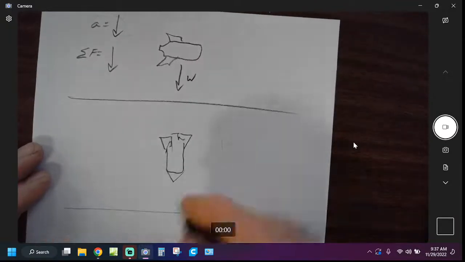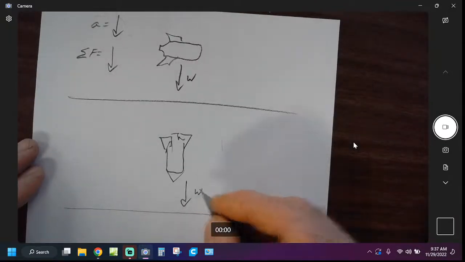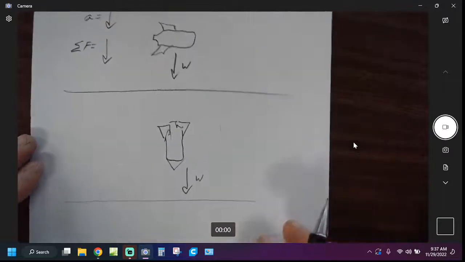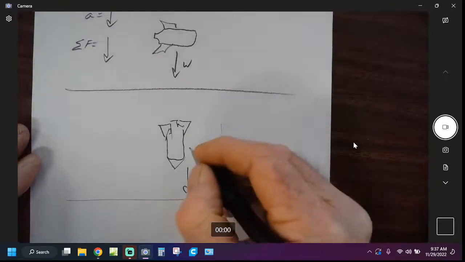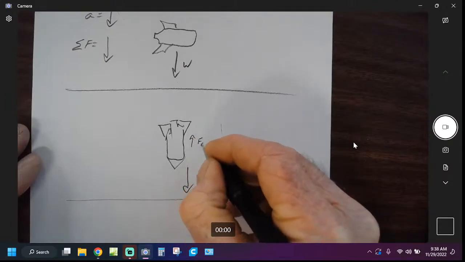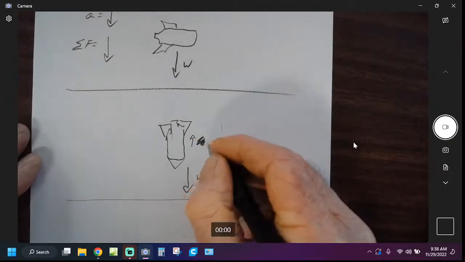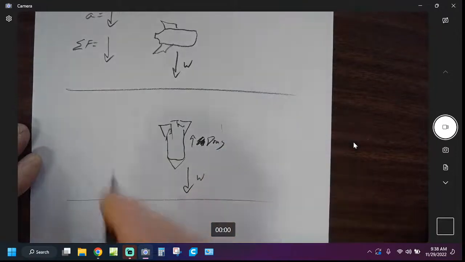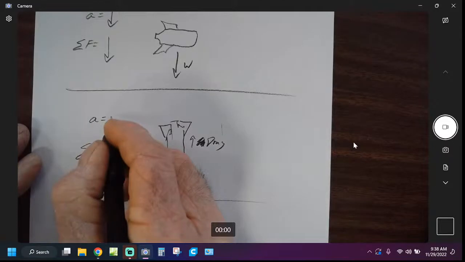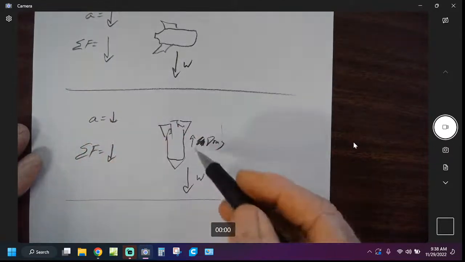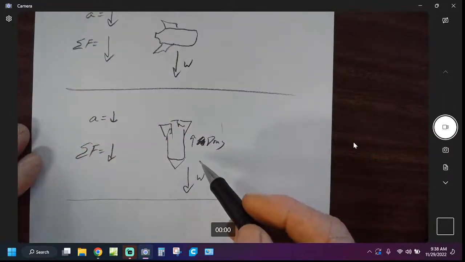And before reaching terminal velocity, it's still going to have weight, and it's going to have drag, but which one's stronger before terminal velocity? Weight is stronger. And because weight is stronger, let me just write drag. That means the net force is down. That means the acceleration is down. So this is going to keep speeding up, speeding up, speeding up.